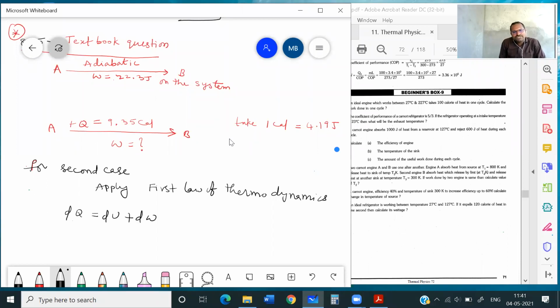Yes. This dU is given here already, but we don't know dU. You know dU is a state function. It does not depend upon the process. It depends only upon the initial state and the final state. Means whatever dU it has in this case, the same dU applies in this case also. Because I told you that dU is the internal energy, that is nothing but a state function.